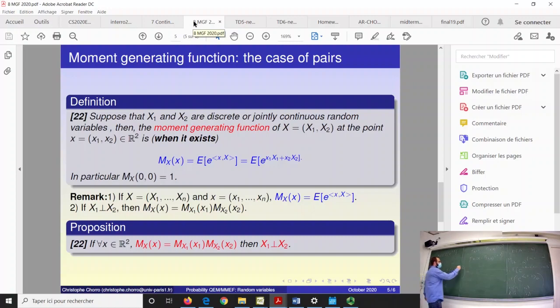Because here I have a random variable, t X1 plus s X2, that is the linear combination of X1 and X2. So this moment generating function may be written as the moment generating function of this random variable, t X1 plus s X2, at which point?